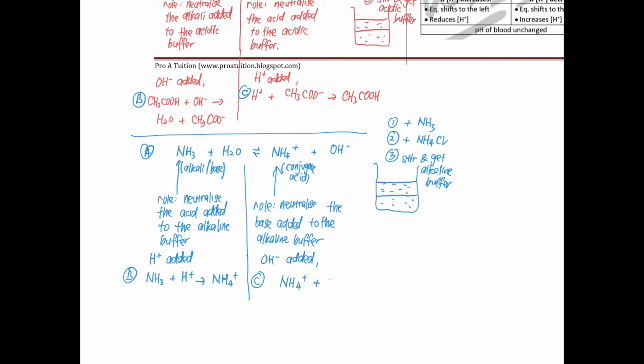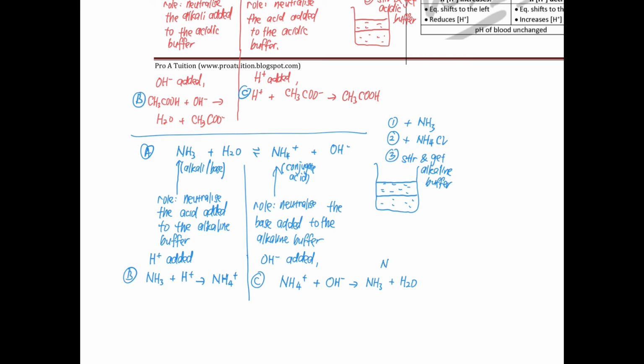Ammonium ion will go and neutralize the OH minus added, and then they will form ammonia plus H2O. The equation wrote MOH, but for my case here, MOH is not so suitable to be used. You can write NH4OH. It's up to you actually.